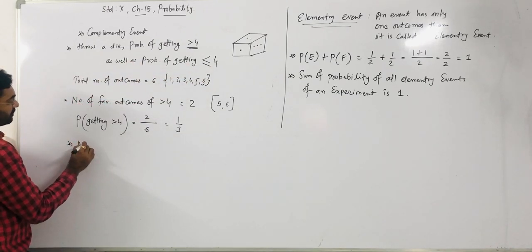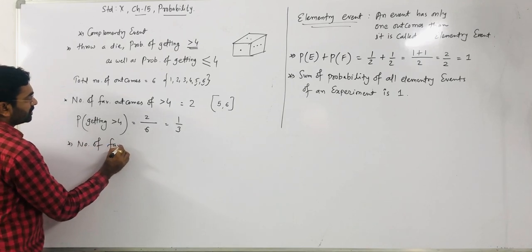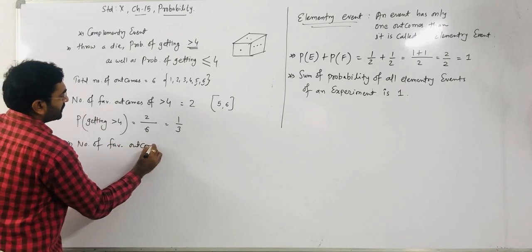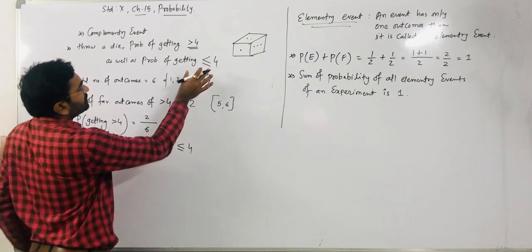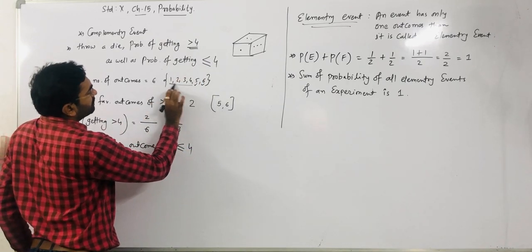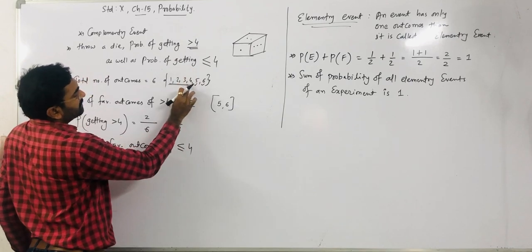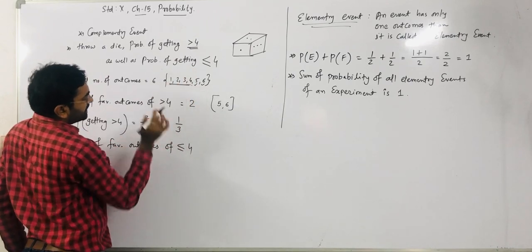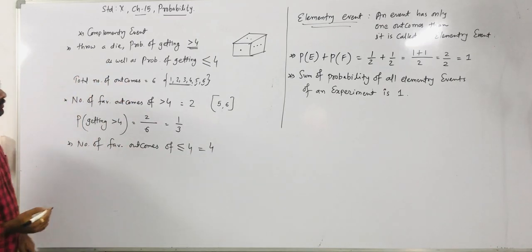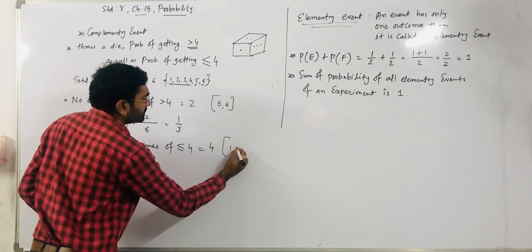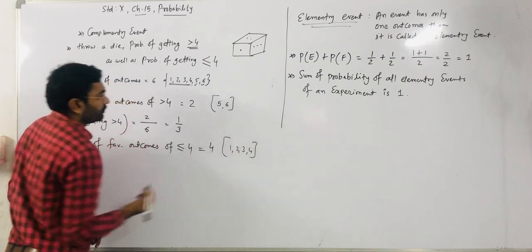outcomes. So its number of favorable outcomes we have to write. So number of favorable outcomes are less than or equal to 4. So how many outcomes we get if it is less than or equal to 4? This equal to is given, so 4 we have to consider, right? So then 4 outcomes we get, we can say it is less than or equal to 4. Which ones? 1, 2, 3 and 4, right?